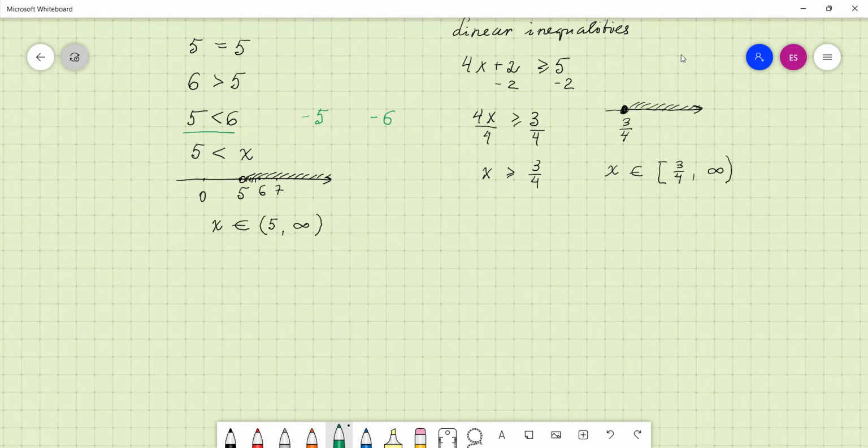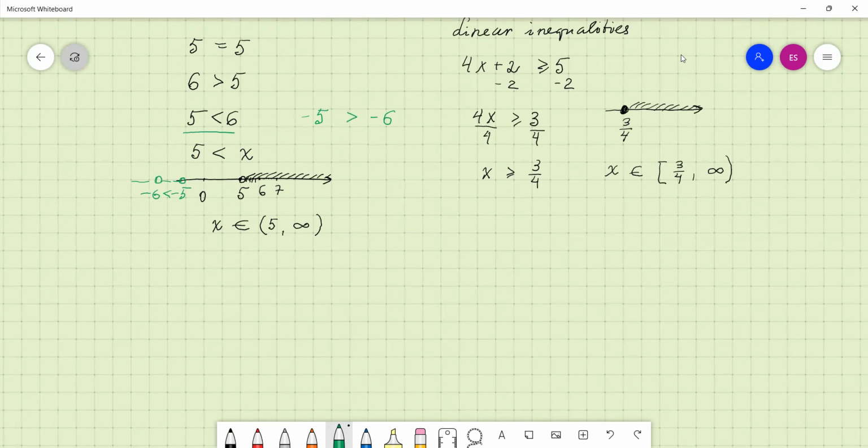We know that -5 is located somewhere here, and -6 is located to the left of -5, right? So -5 is going to be greater, even though numerically it's smaller, because on the number line it's sitting to the right of -6. So we are going to write down an inequality sign like this.